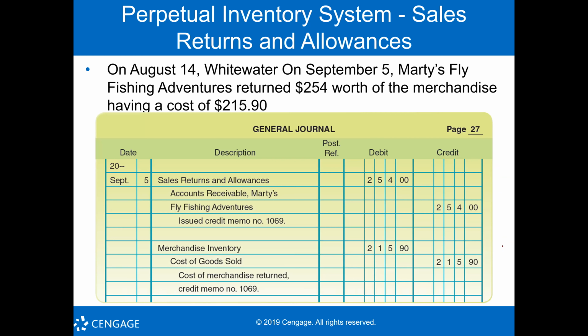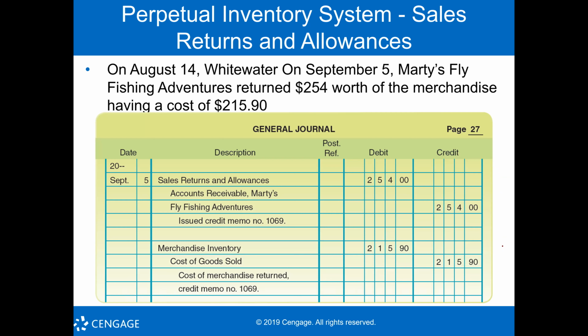All right. On this example, it looks like some merchandise is being returned. So on August 14th, Whitewater, oh goodness, it looks like there's a little typo in there. Marty's Fly Fishing Adventures returned $250 worth of merchandise that had a cost of $215.90.